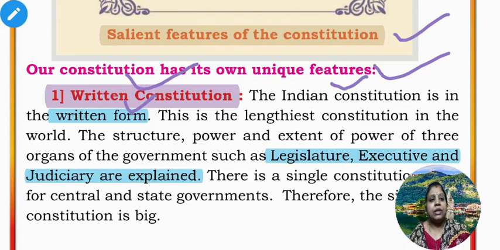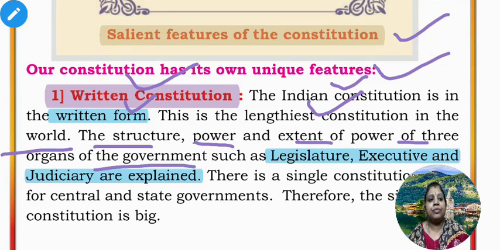This is the lengthiest Constitution in the world, because more rules and regulations are given. The structure, power and extent of power of the three organs of the government, which are the legislature, the executive and the judiciary, are explained.